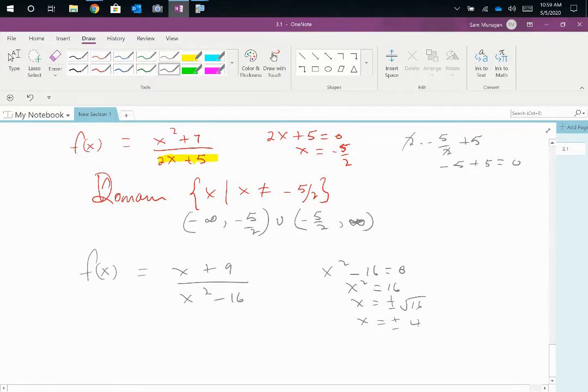If we substituted positive 4 or negative 4, we would still have a domain exception. So domain: all x such that x cannot equal plus or minus 4. In other words, from negative infinity to negative 4, following the number line, from negative 4 to positive 4, and then from 4 to infinity.